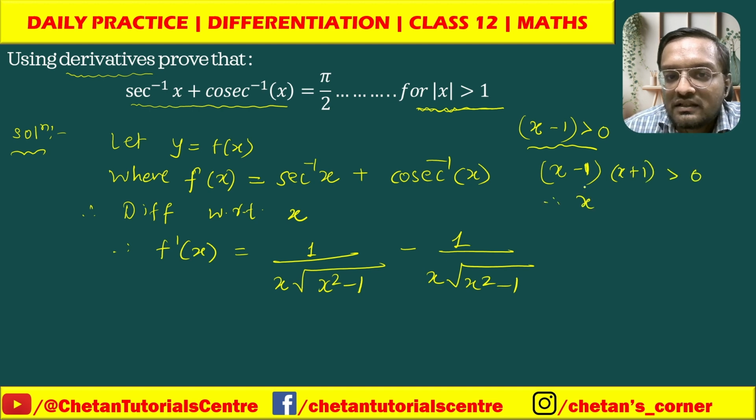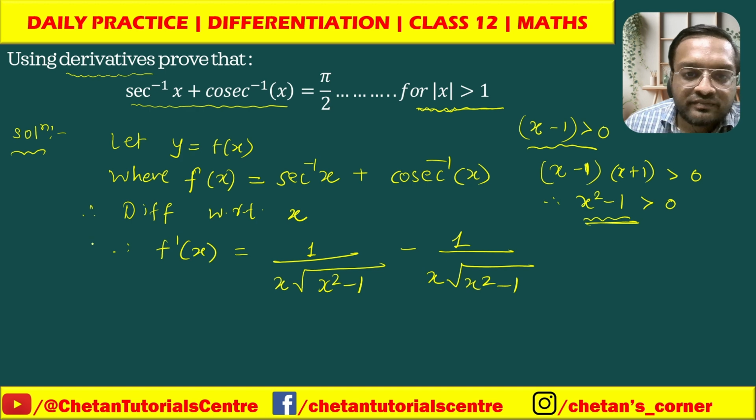Therefore x minus 1 and x plus 1 will give me x square minus 1, which is greater than 0. So this x square minus 1 in the denominator will be greater than 0. So this is the significance of this for mod of x greater than 1. I hope you have understood the significance.